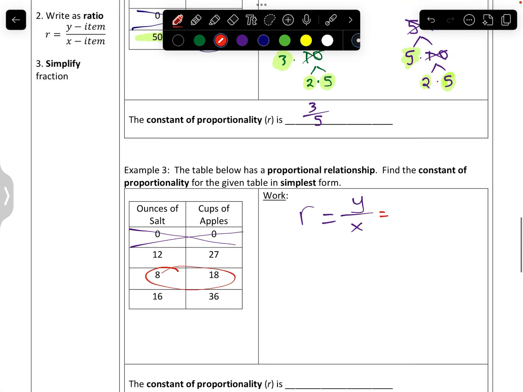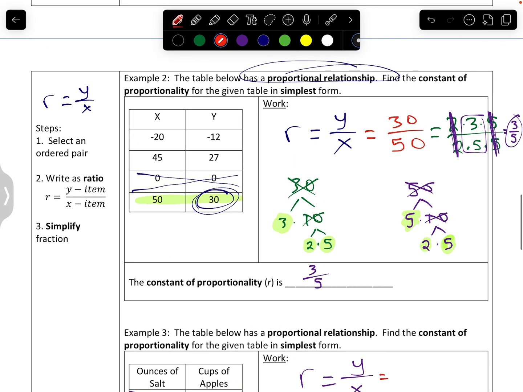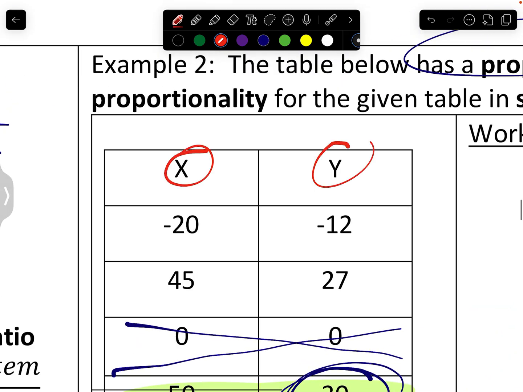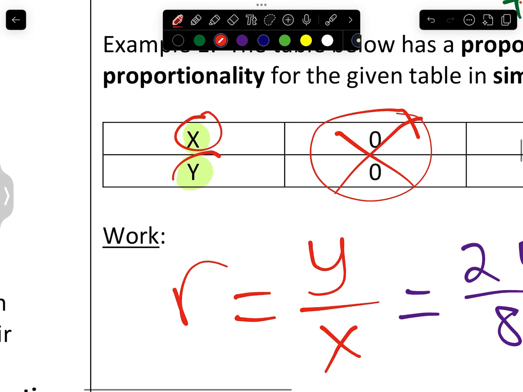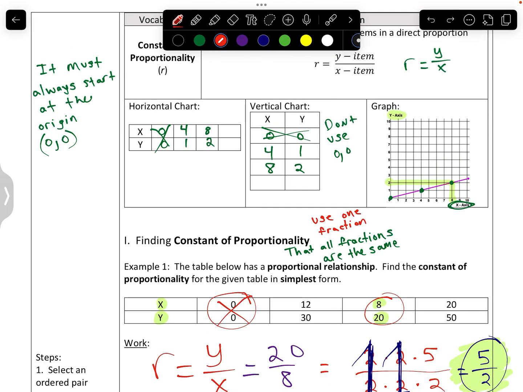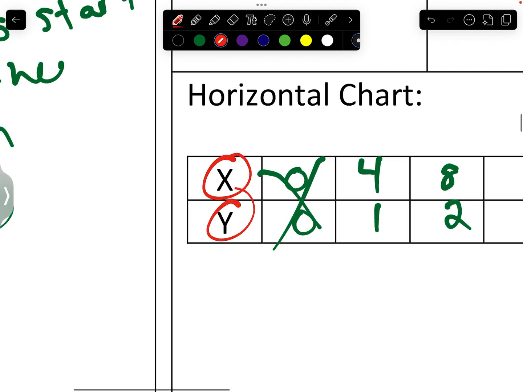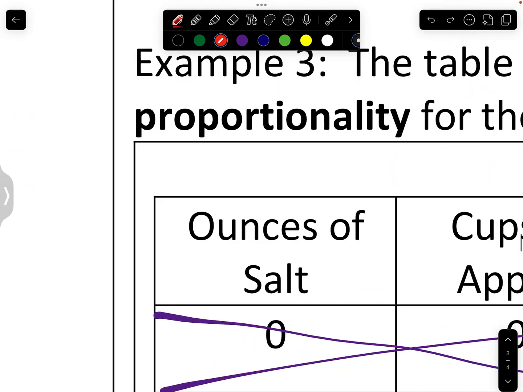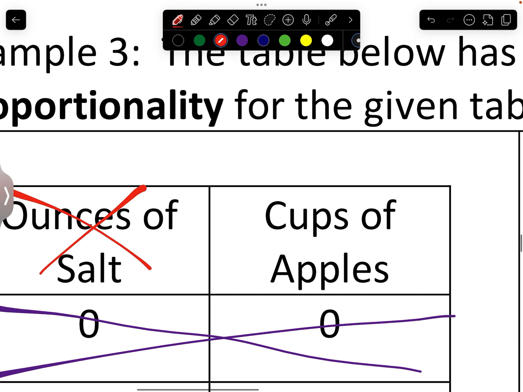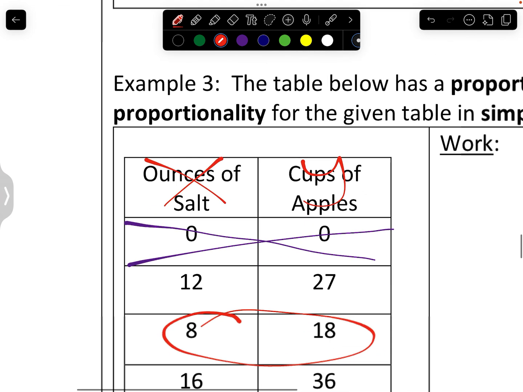This one says apples and salt. Okay? Shoot, it doesn't give me X and Y, but look, over here, it goes X, Y. Over here, it goes X, Y. Over here, it goes X, Y. So down here, it goes X, Y. Okay?